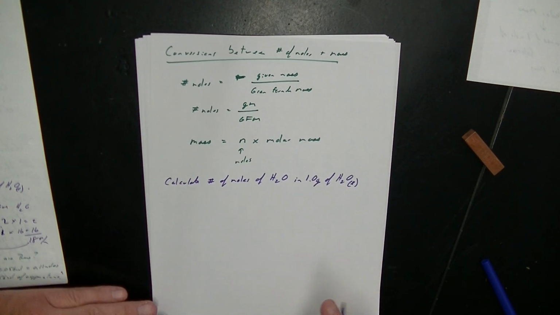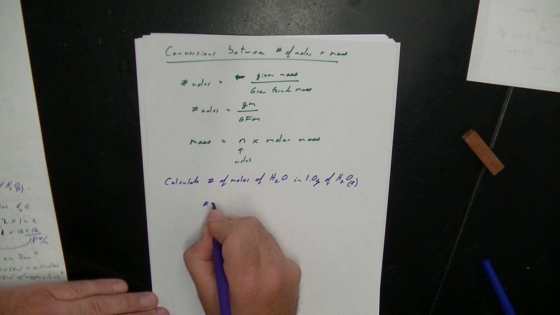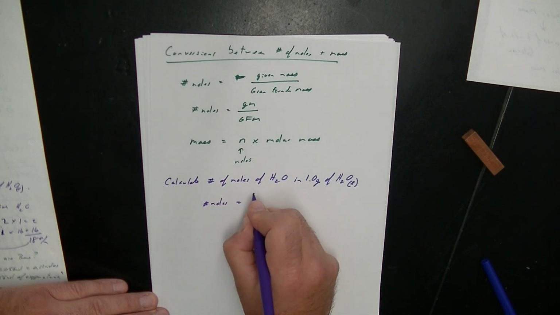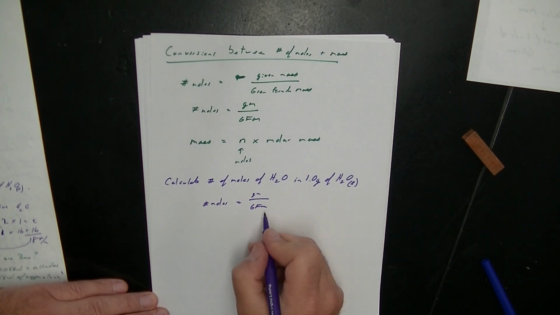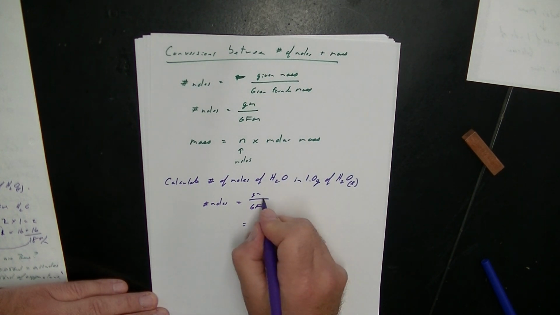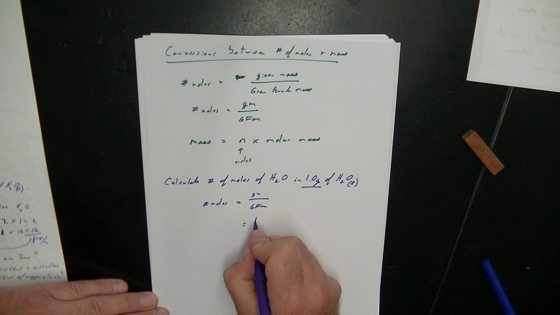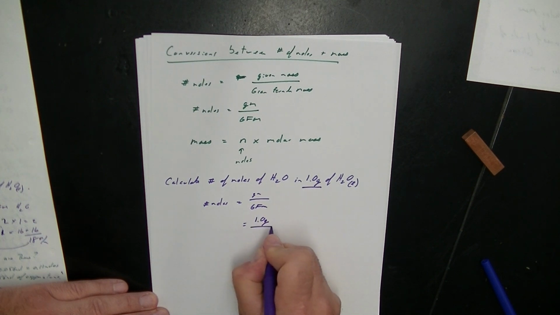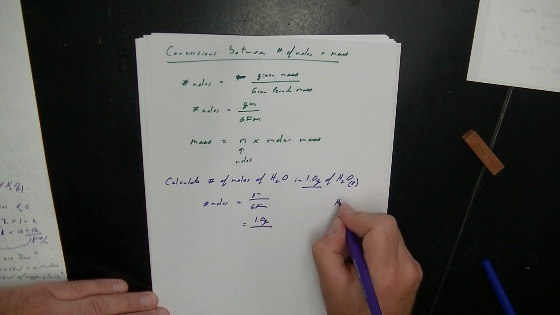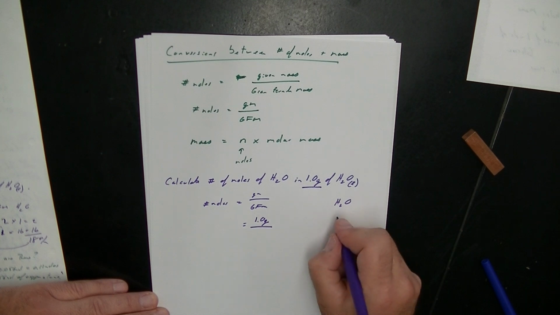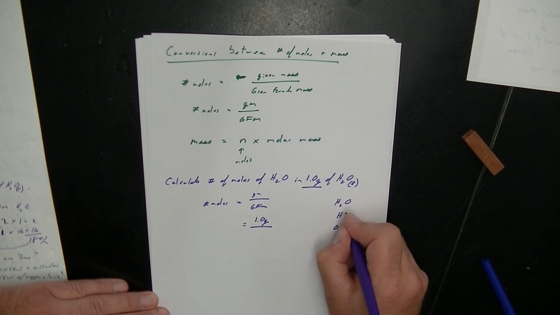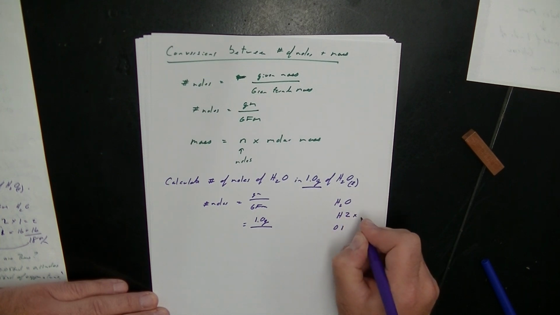Well, I'd use the formula, number of moles equals our given mass over our gram formula mass. I need the gram formula mass. I have a given mass of 1.0 grams. So I have to do the GFM of H2O. So I got H's and I got O's. I have 2 of these and 1 of these.